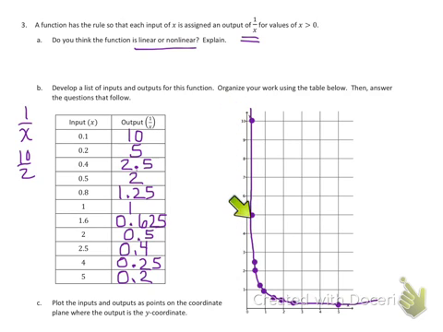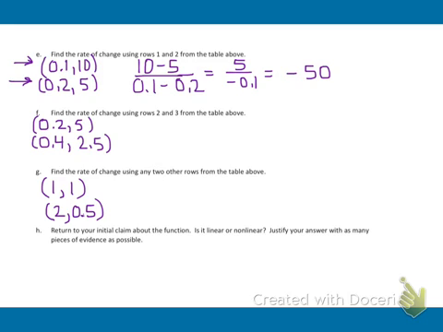So now we're going to check the slope between these 2 points, these next 2 points. And we're going to find it's quite a bit less. So we've got 5 minus 2.5, that's the change in y, over 4/10, over 2/10 minus 4/10.